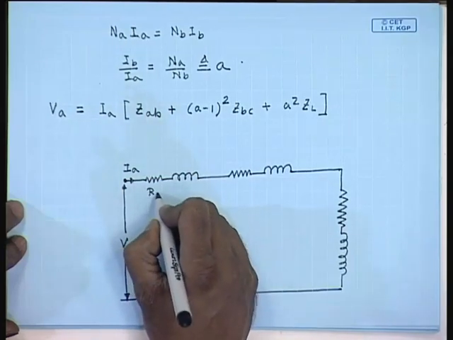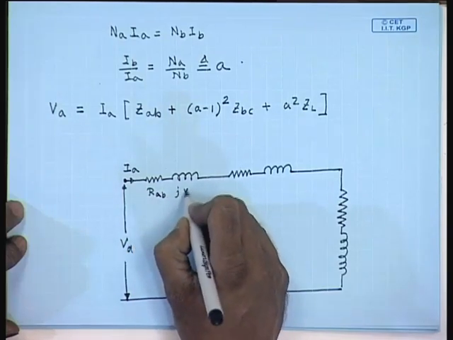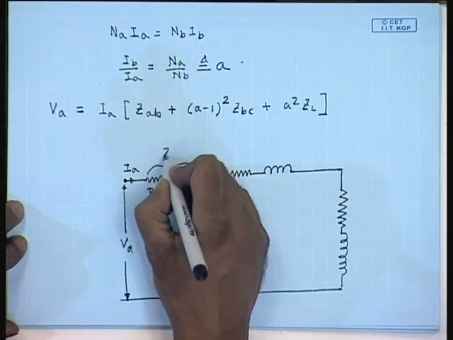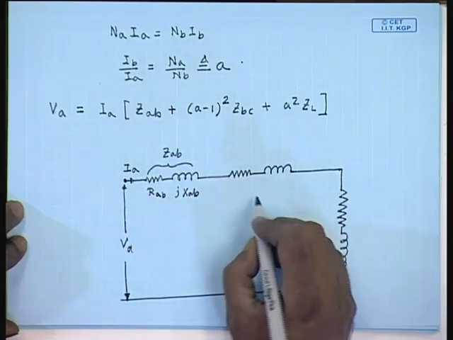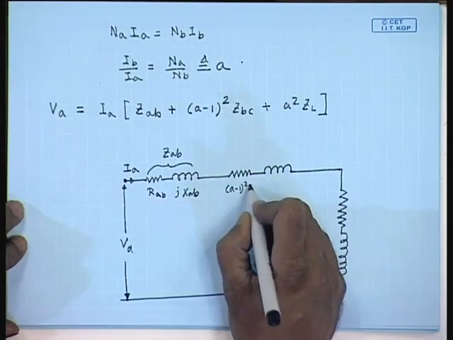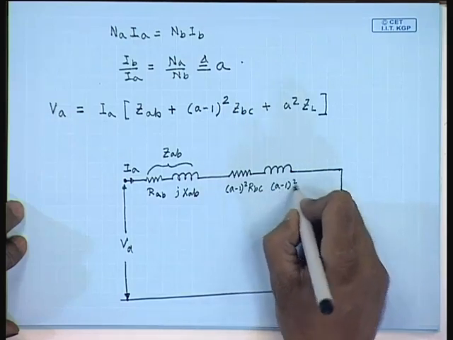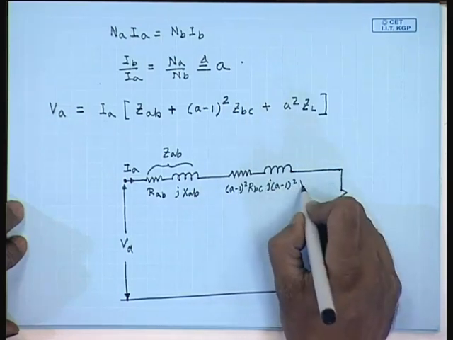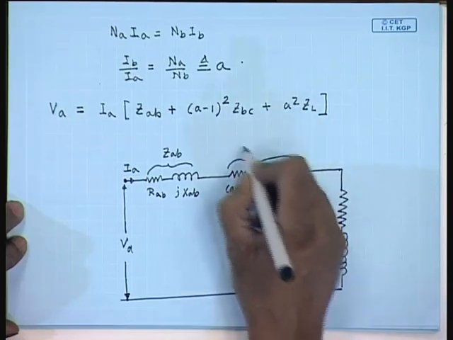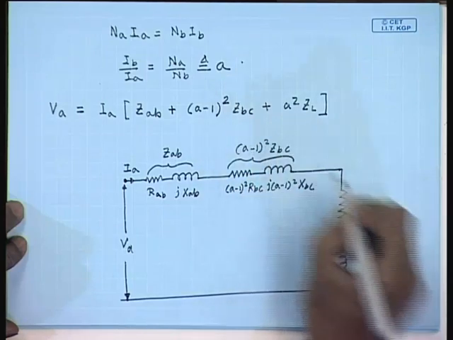This is R_AB, this is jX_AB, where this quantity is Z_AB. This is (A minus 1) square R_BC, this is j(A minus 1) square X_BC, hence this part is (A minus 1) square Z_BC.